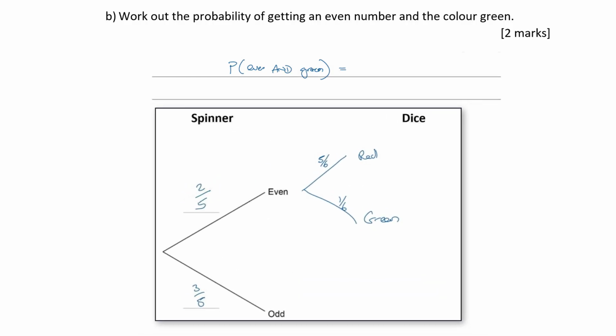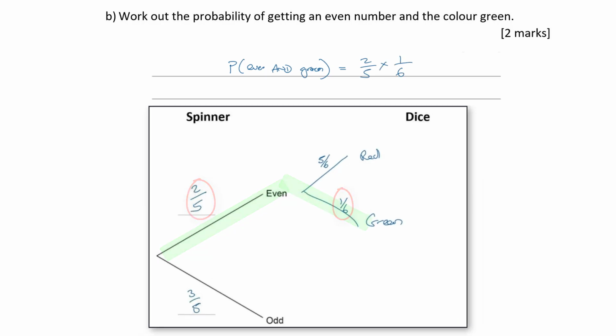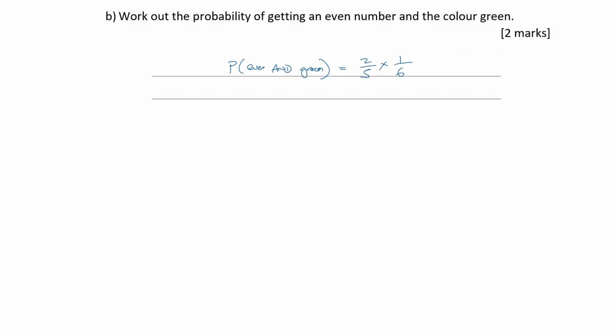The probability of getting even is 2/5, and the probability of getting green is 1/6. So the probability of even and green is those two things multiplied together: 2/5 times 1/6, which is 2 out of 30, or 1/15.